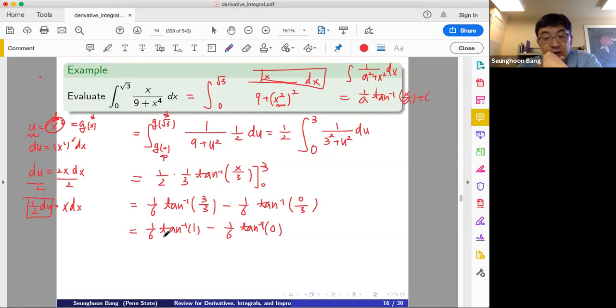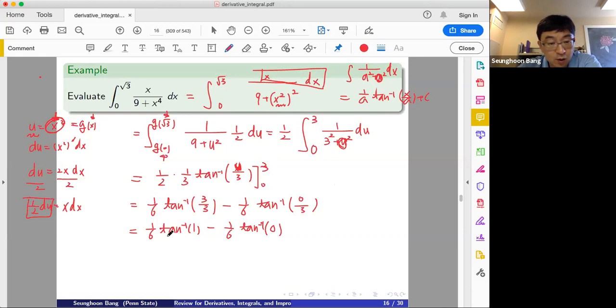Oh, you mean here? Yes, right. So in this case we can compare. You're right, sorry, thanks, my typo. It is inverse tangent of u over 3. Yes, plug 3 into u: 3 over 3, and 0 over 3.